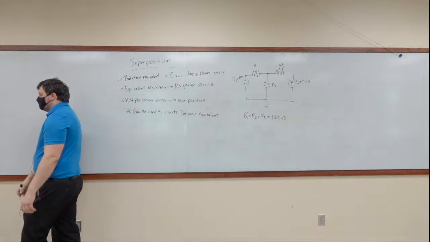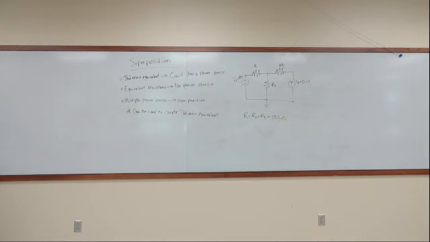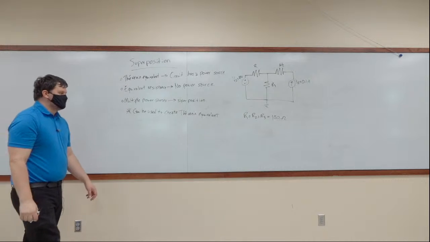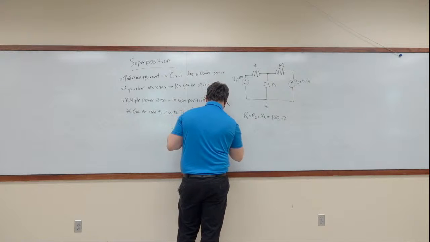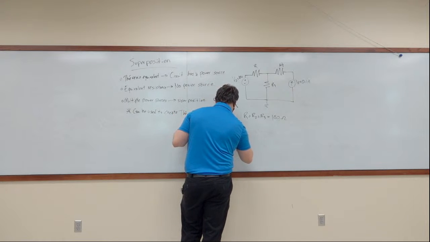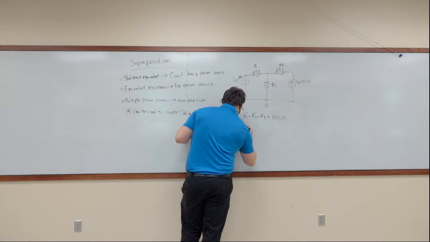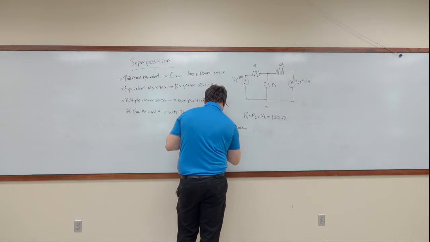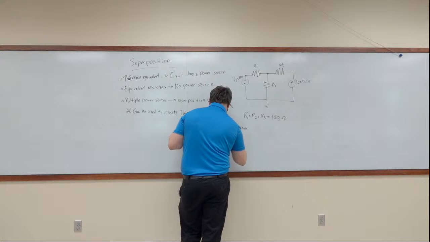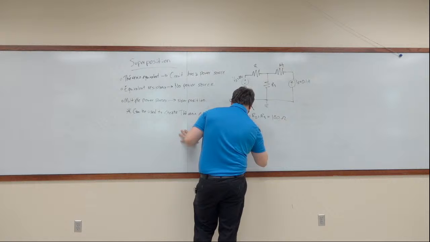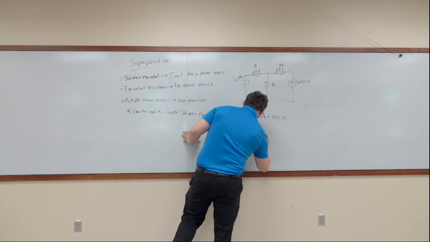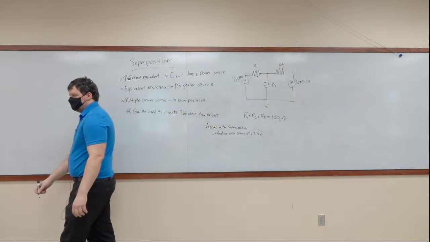Okay, the question is, how do we solve this circuit? Now, according to the principles of superposition, the first thing that we have to do is analyze one source at a time, okay?